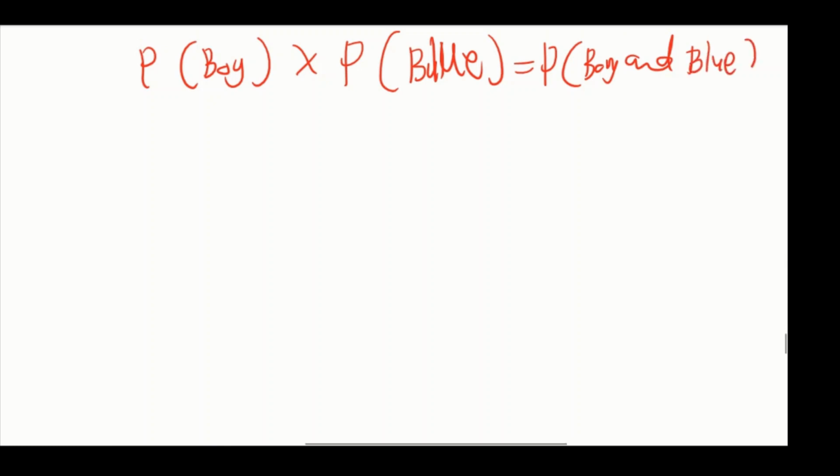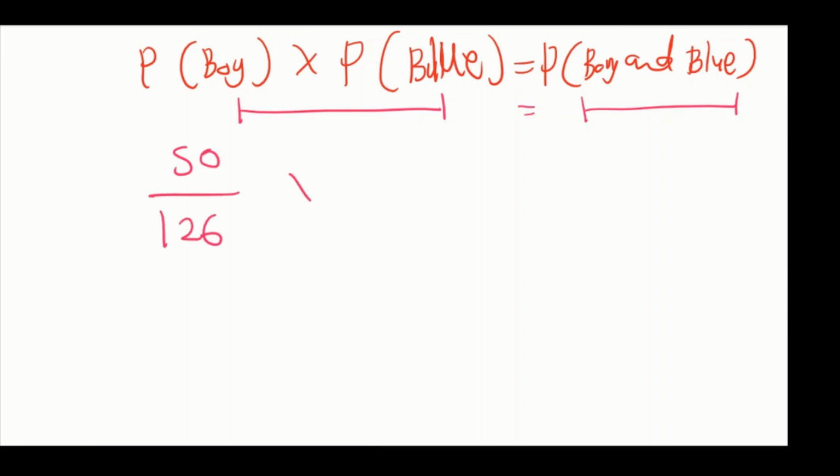If the product of the probability of the boy and the probability of blue is equal to the probability of a boy and color blue, then the events are independent. If they're not equal, then they're not independent. So what is the probability of a boy? It's 50 over 126 multiplied by 60 over 126.